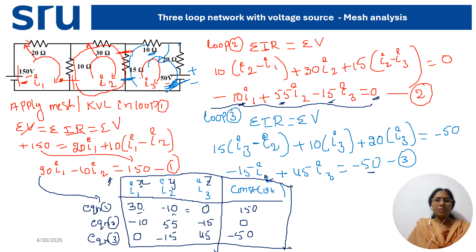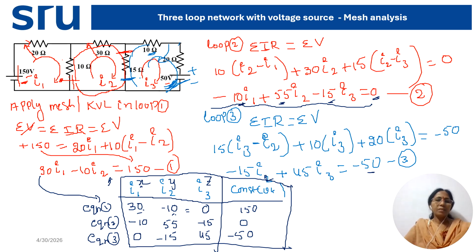When you press equals, it moves to the next position in the calculator. So you enter one by one: 30 equals, minus 10 equals, 0 equals, 150 equals.